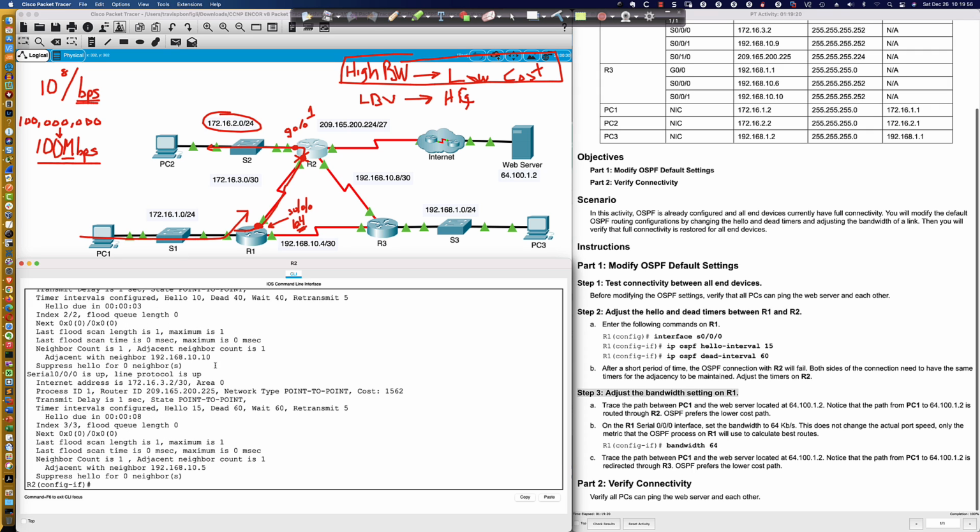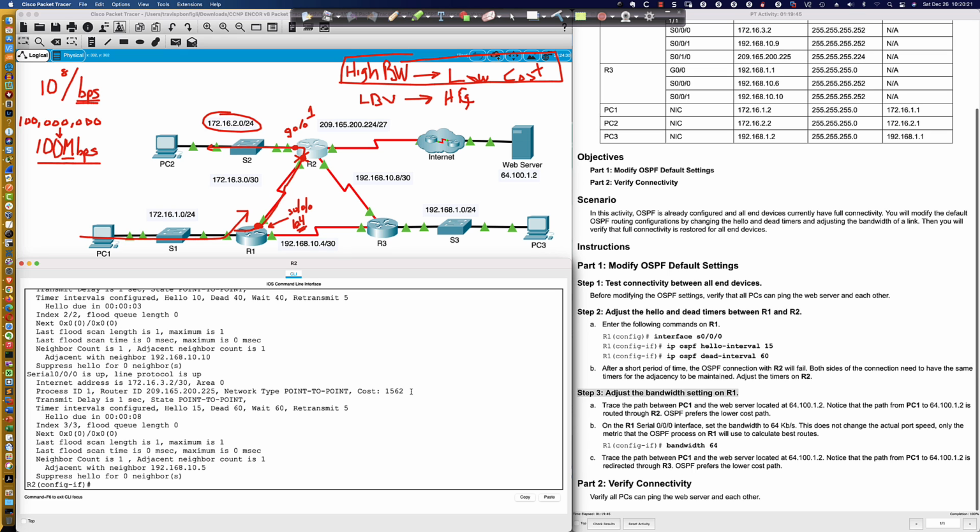Where is my serial 0/0/0? Here it is. And the cost, when I tweak the bandwidth to 64 on a serial interface, with the default auto cost reference bandwidth on any interface, your cost is going to be 1562, right? And that's with the default auto cost reference bandwidth.